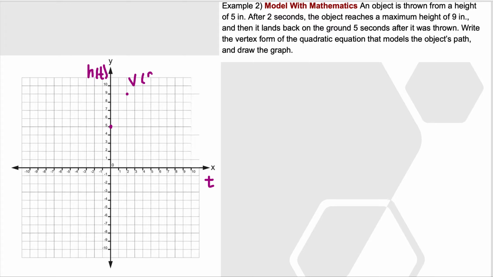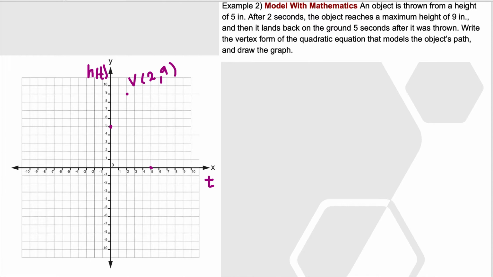And 2 seconds and 9 inches is the vertex, (2, 9). So now we are looking here and it lands on the ground 5 seconds after being thrown. It lands, it means the height is 0 when it lands on the ground, so it doesn't have any height. And time is 5 seconds, so it is right here.